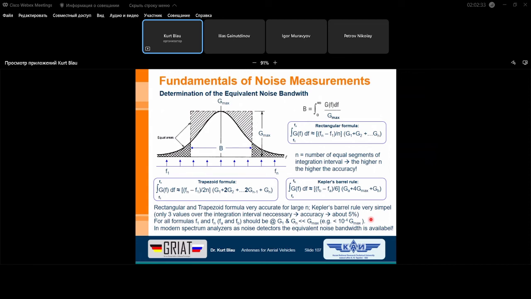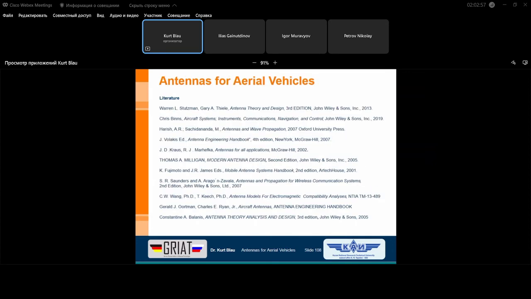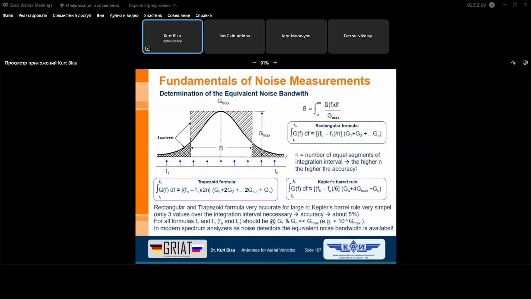It gives you the measured power of a single spectral line already with regard to the equivalent noise bandwidth. It means it's a noise density. The readout is the noise density. It's power per bandwidth, per hertz. Okay, this is in principle the end of our lecture today.